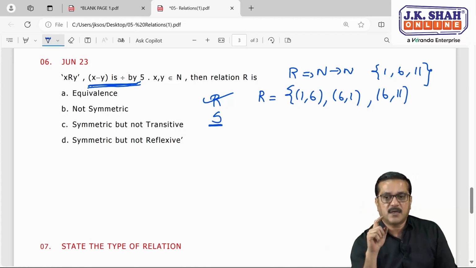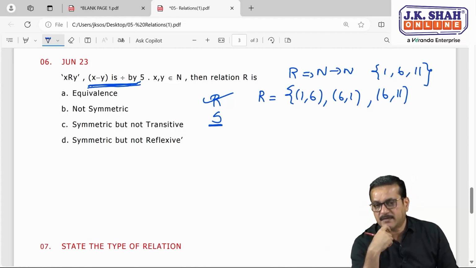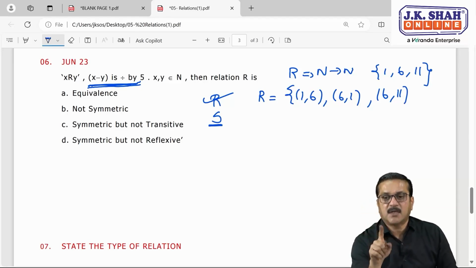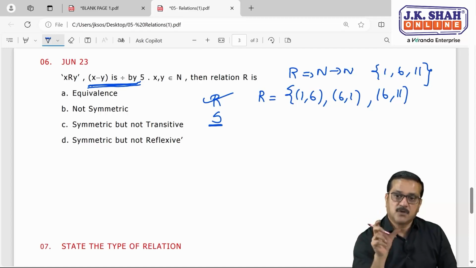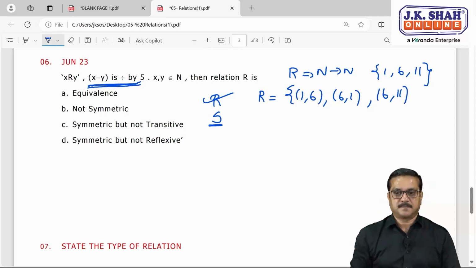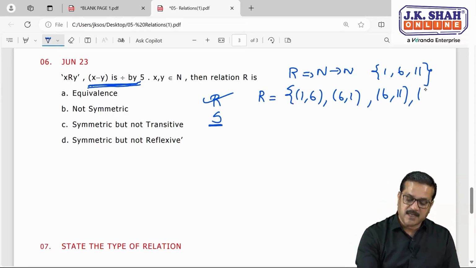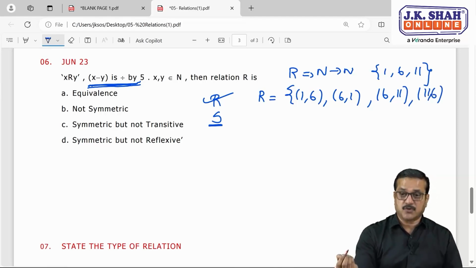If someone said a minus c was divisible by 5, you should have learned that much algebra: the gap between a and c is a multiple of 5. So c minus a also has to be divisible, because the gap is c minus a as well. So 11, 6 will be there. And even if I don't think so much, 11, 6 satisfies it.